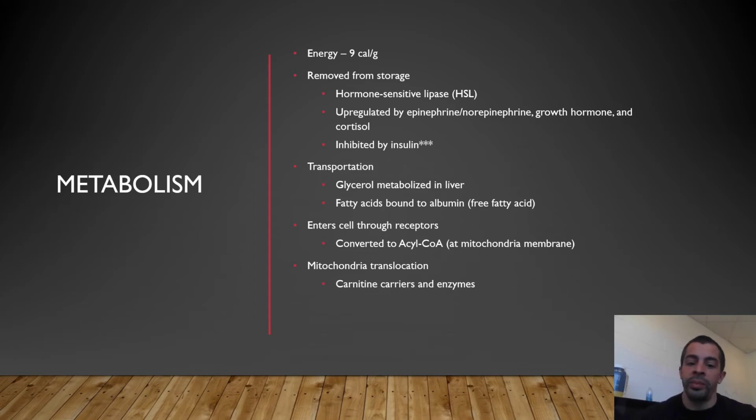Usually, these are various types of carnitine carriers. We have carnitine enzymes that help increase the speed of this reaction, and there are several of them. That's why I wrote carriers. And then finally, once these fatty acids, which are now acetyl-CoA, enter the mitochondria, they can finally undergo beta oxidation to produce energy. So what you should see is that this is a very slow process. There are many steps, and because it's beta oxidation, it requires large amounts of O2.